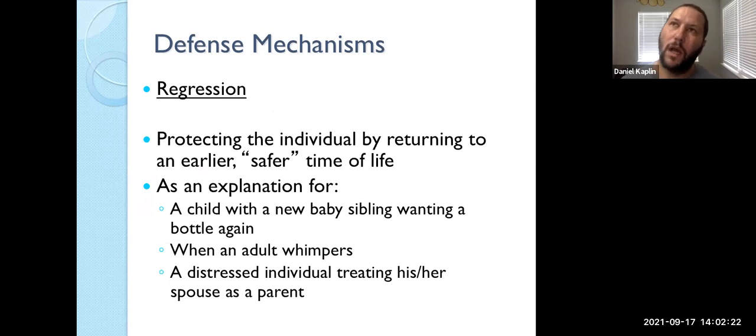Regression is when you're dealing with distress, acting in a more childlike manner, because as a child we felt safer perhaps. So if you have multiple children and a baby comes into the family, the older child might want the bottle again or start wetting the bed again as a way of getting the attention that they used to get.